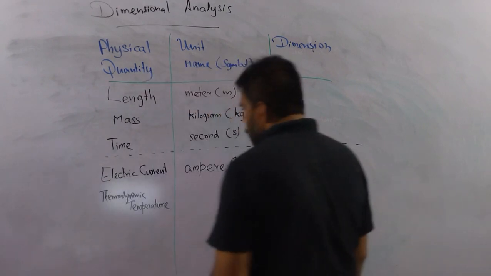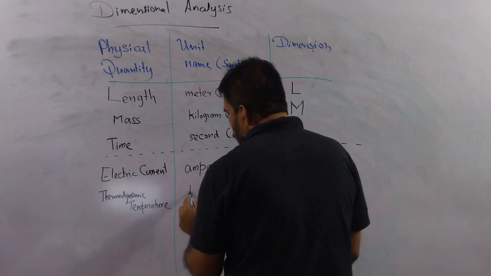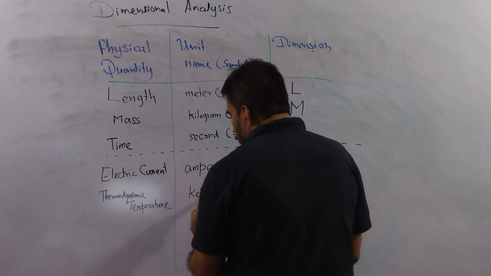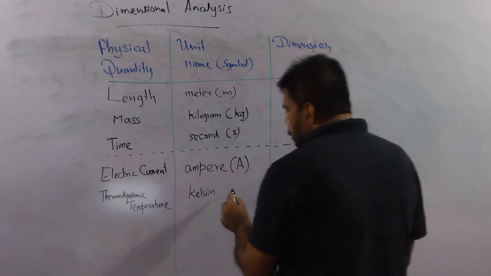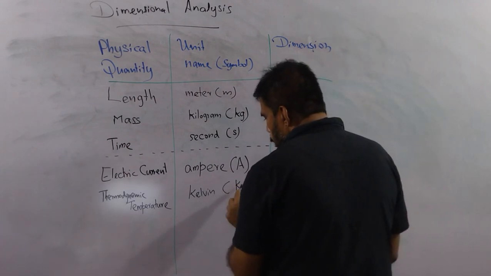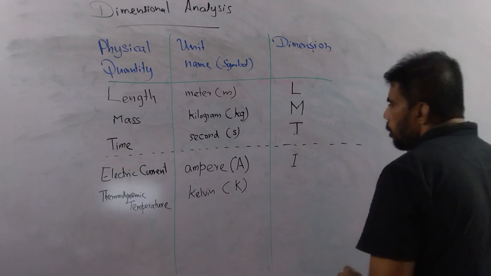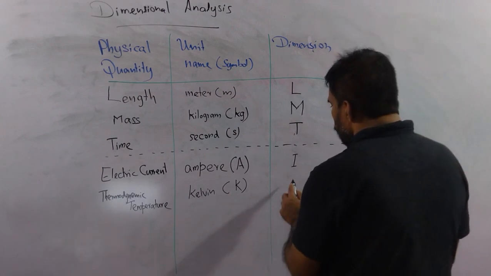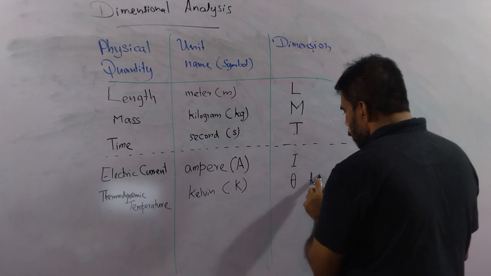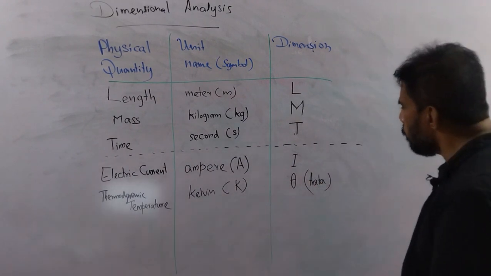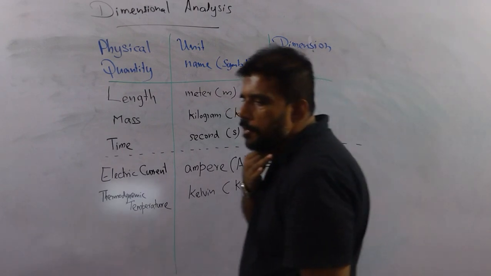Thermodynamic temperature is measured in Kelvin. The unit name is simply Kelvin, but the unit symbol is capital K because it's a scientist's name, and the dimension for Kelvin is theta. It's the Greek letter theta.